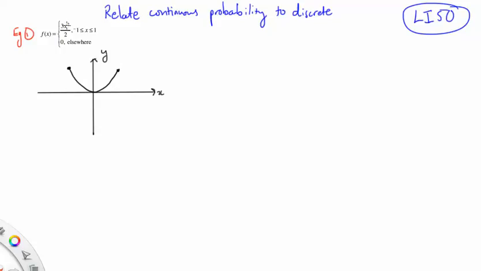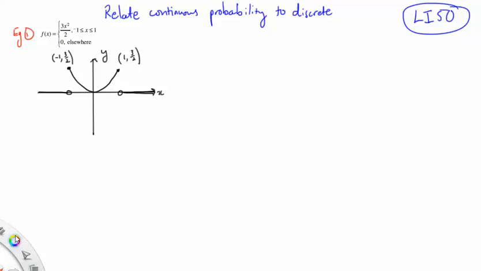And if we sub in -1, we get 3 on 2. So this point is (-1, 3/2). This point is (1, 3/2). And you can see that it's 0 elsewhere. Elsewhere just means everywhere else, from here to here, it's 0. Okay, so there's a sketch of our probability density function.